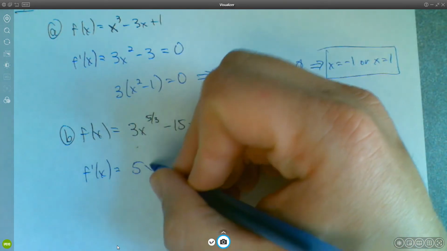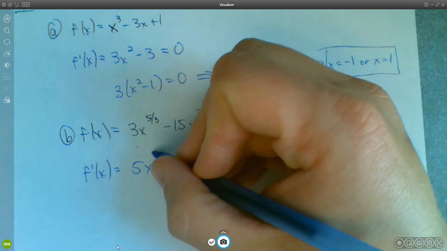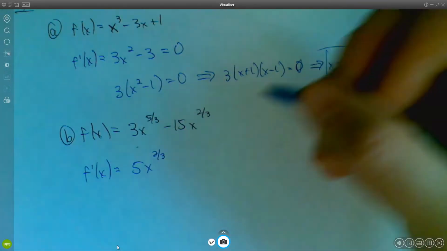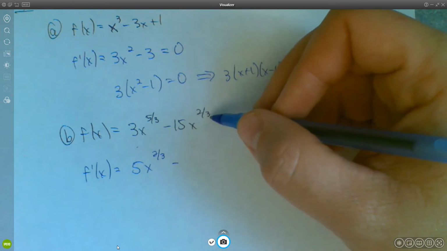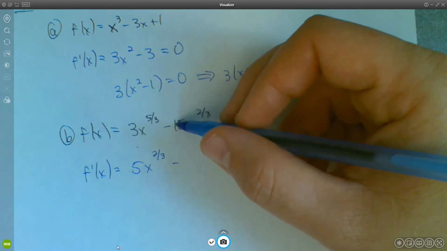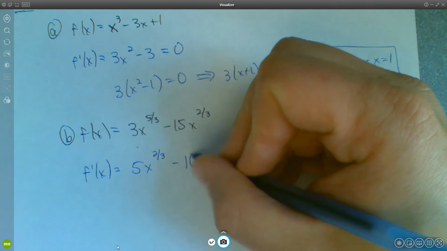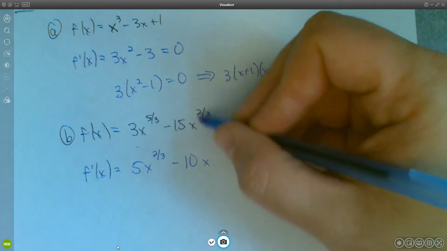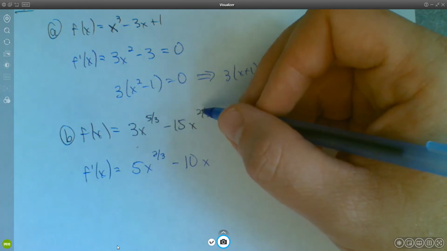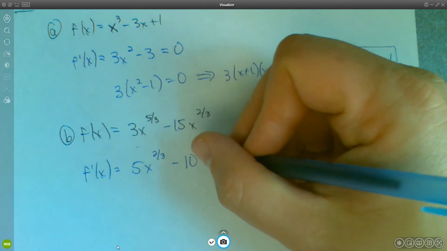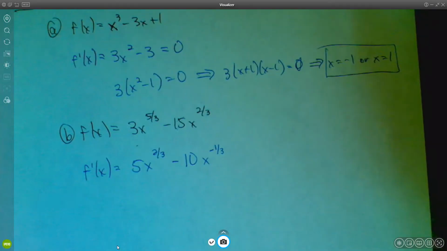So this is 5x to the 5/3 minus 1, which would be 2/3. Okay, minus 15 times 2/3. The 3 will cancel 3 and leave a 5. 5 times 2 would be 10. So it's going to be 10x to the 2/3 minus 1. That's 2/3 minus 3/3, which is negative 1/3. Okay.